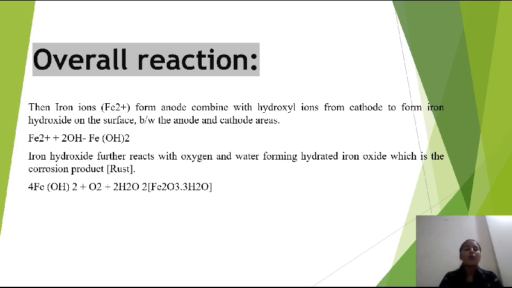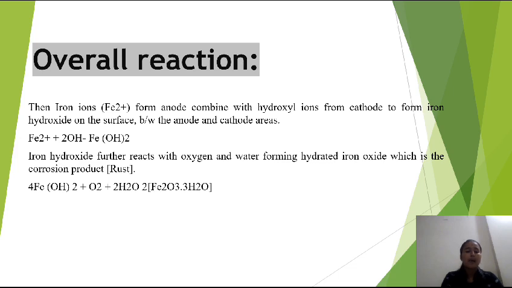Iron hydroxide further reacts with oxygen and water, forming hydrated iron oxide, which is the corrosion product rust: 4Fe(OH)2 plus O2 plus 2H2O gives 2Fe2O3·3H2O.